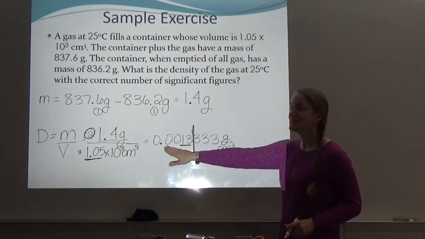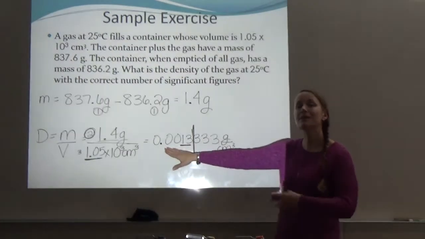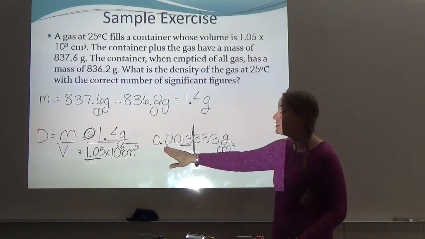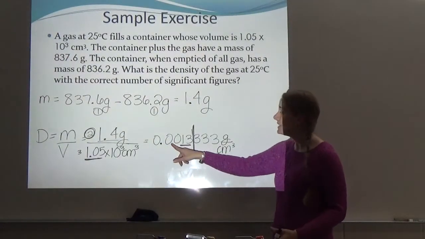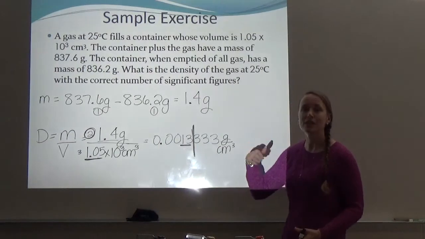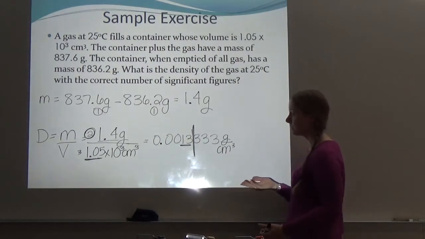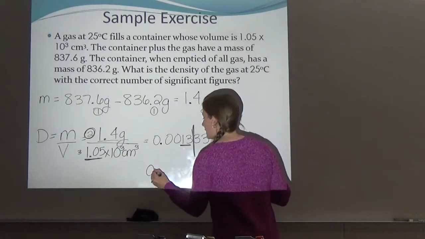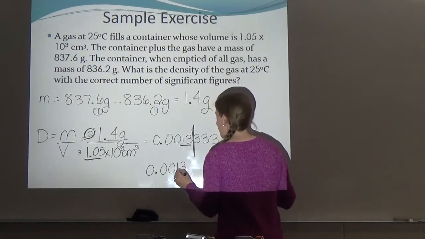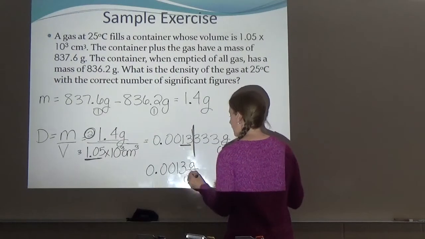Remember, just because the zeros aren't significant doesn't mean they go away. I'm still going to write them in my answer. It just meant I didn't stop and round because of them. I waited until I got to the actual significant figures to stop and round. So my final answer would be 0.0013 grams per centimeter cubed.